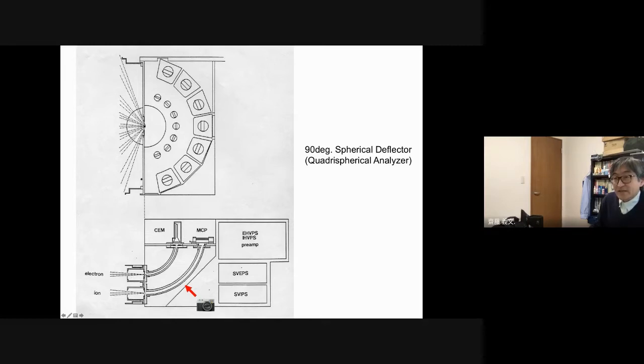These are the detectors called CEM or MCP. CEM is a channel electron multiplier, and MCP is a multi-channel plate. This instrument is called a 90-degree spherical deflector or quadrispherical analyzer, because the angle of the electrode is 90 degrees, and this is a quarter of the sphere. It looks like a watermelon.